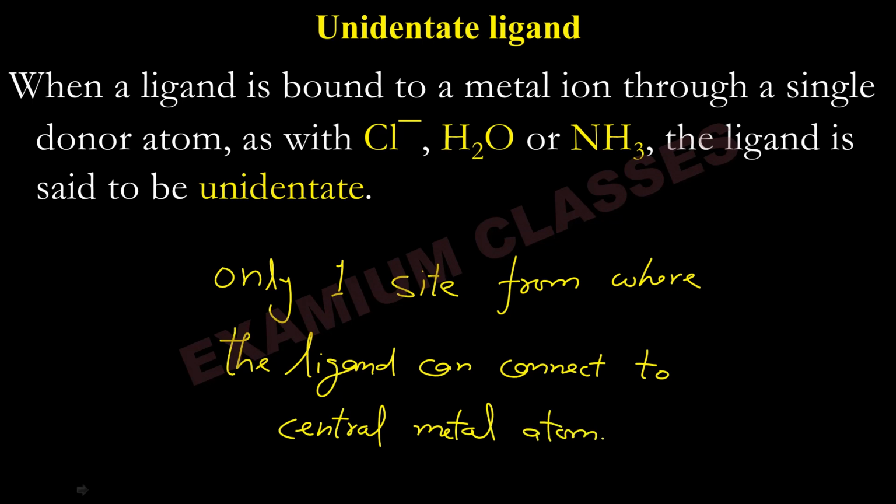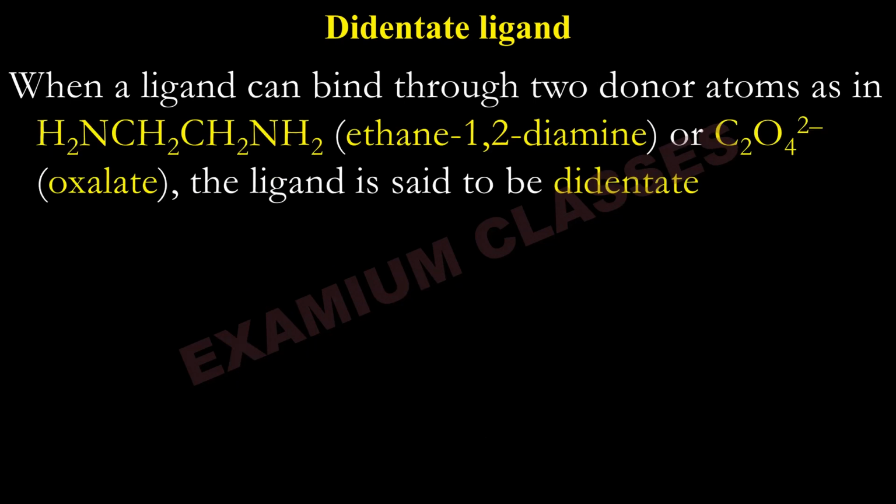For example, chlorine, H2O, NH3. H2O has a lone pair on oxygen, so it can connect through oxygen only. NH3 has a lone pair on nitrogen, so only nitrogen can donate the lone pair. So only one site is there from where it can connect to the central metal atom.